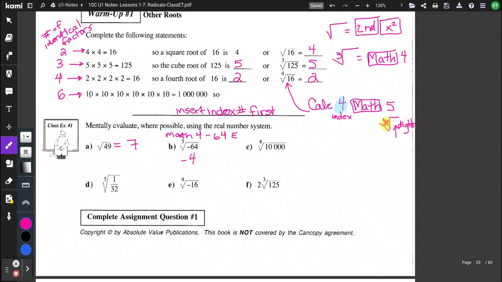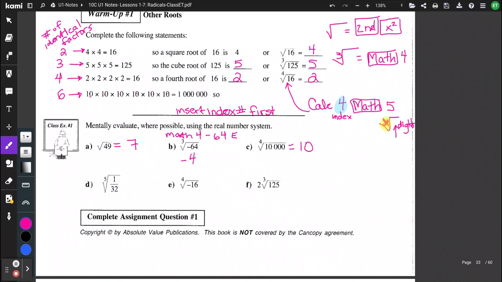Now we're doing a 4th root of 10,000. If it's a power of 10, just count the number of zeros. 4th root means there needs to be 4 zeros under there. So what number did they use that multiplied to give you 4 zeros? 10. So this one would be 10.